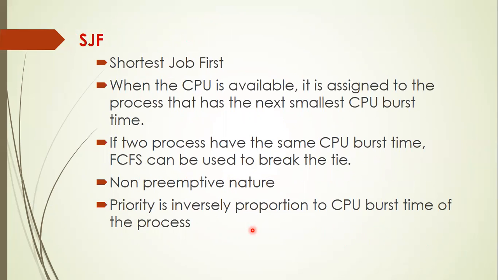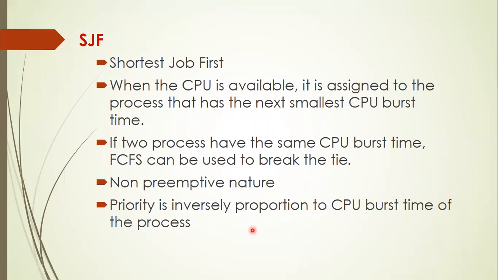Let us take the second policy called SJF, also known as shortest job first. Here, as the name indicates, whenever the CPU is free, in the case of FCFS it is allocated to the process which has entered the ready queue first. Here, it's not like that. Whenever the CPU is free, it is allocated first to the process which has the shortest CPU burst time.